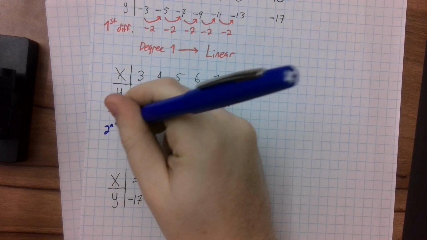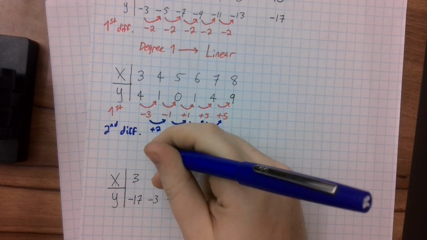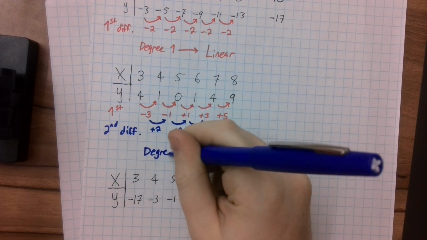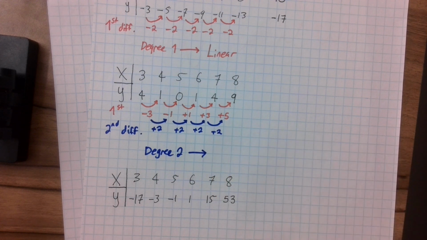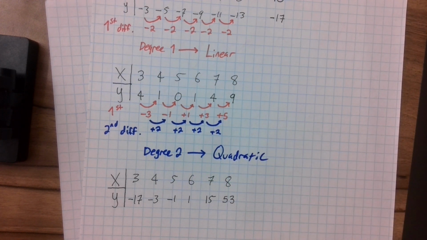This is called the second difference. And if your second differences are the same, it's a degree 2 polynomial. And what do we call a degree 2 polynomial, where the highest exponent is squared? We call it a quadratic. So if your second differences are the same, it's a quadratic. We've learned this before.